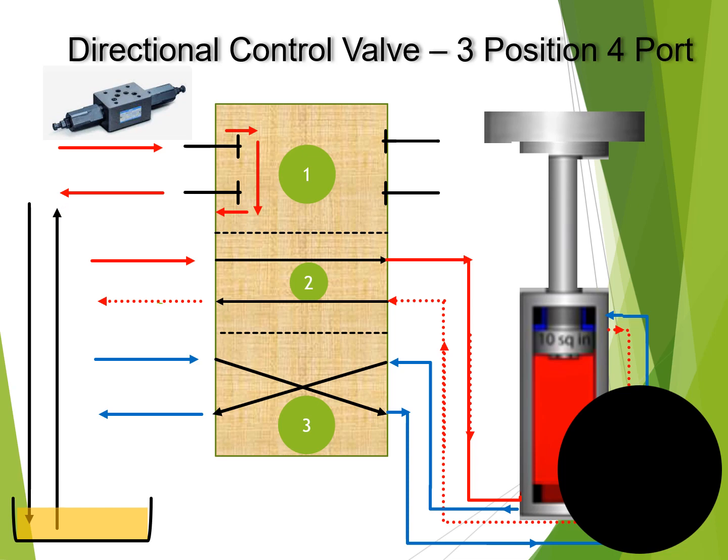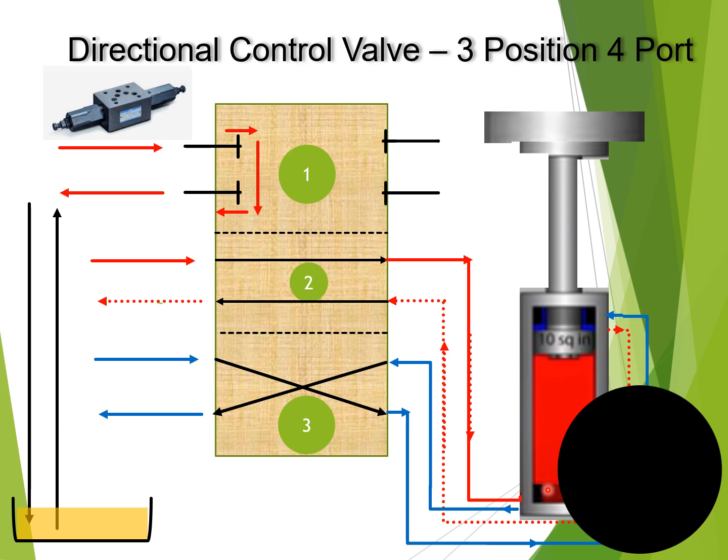Position number 2 is when the fluid is giving pressure to the actuator from the bottom. So here what is happening? The fluid is entering here in this direction. This is the second position now. This is going and entering into the actuator from the bottom.